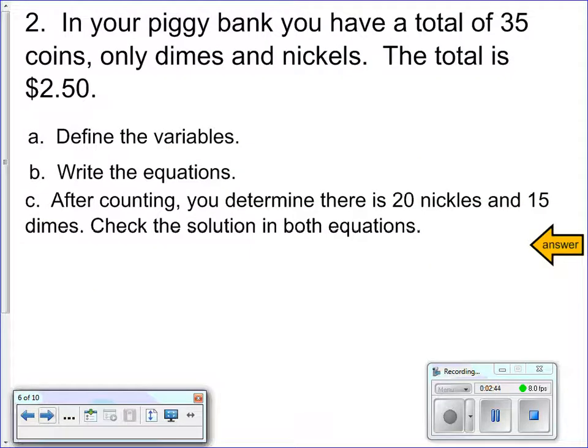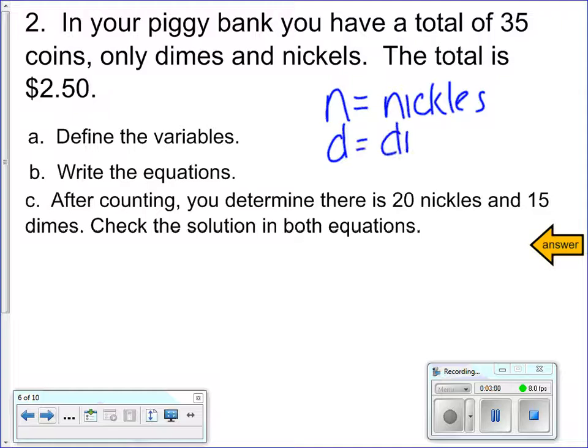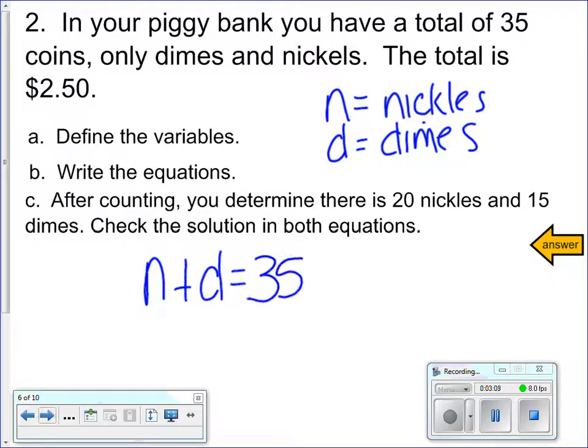In your piggy bank, you have a total of 35 coins, only dimes and nickels. The total is $2.50. So the first thing we want to do is identify our variables. I'll use N for nickels and D for dimes. My two equations: the nickels plus the dimes equals 35 coins.